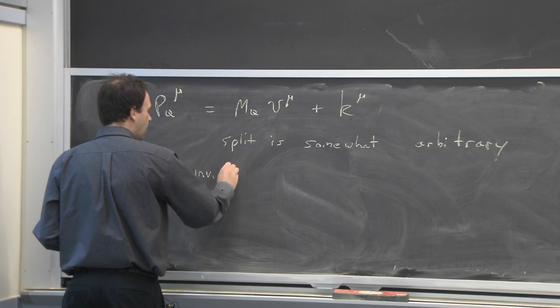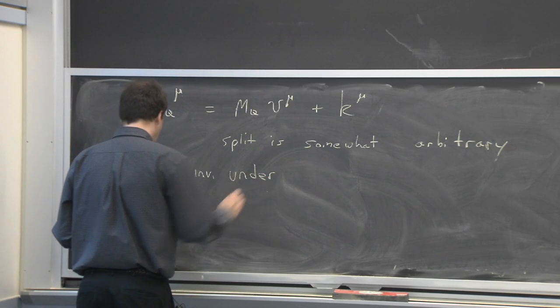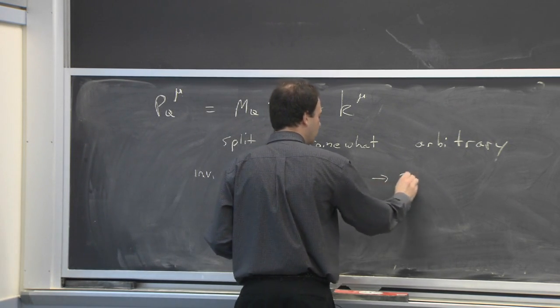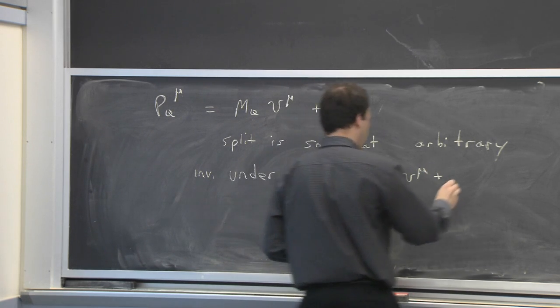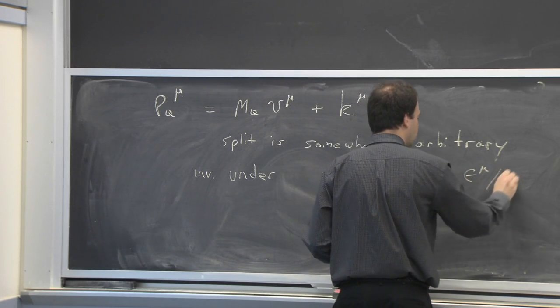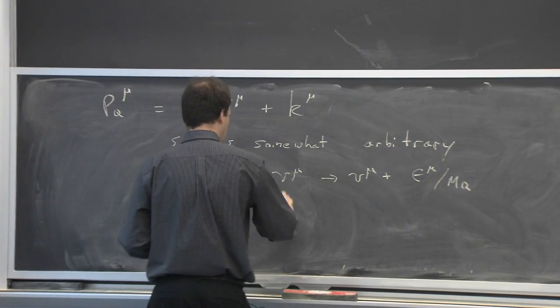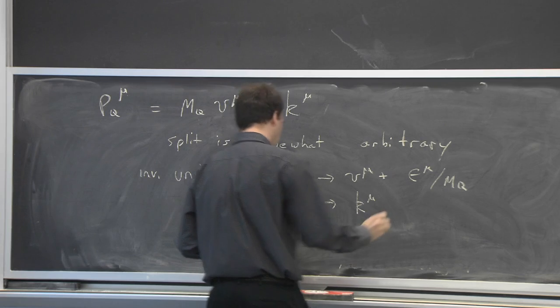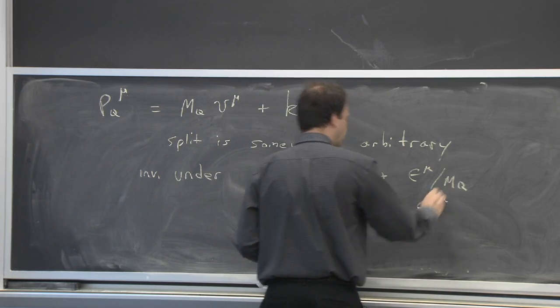So the invariance that you have is the following. You can take V mu and send it to V mu plus epsilon mu over M_Q, and k mu goes to k mu minus epsilon mu.